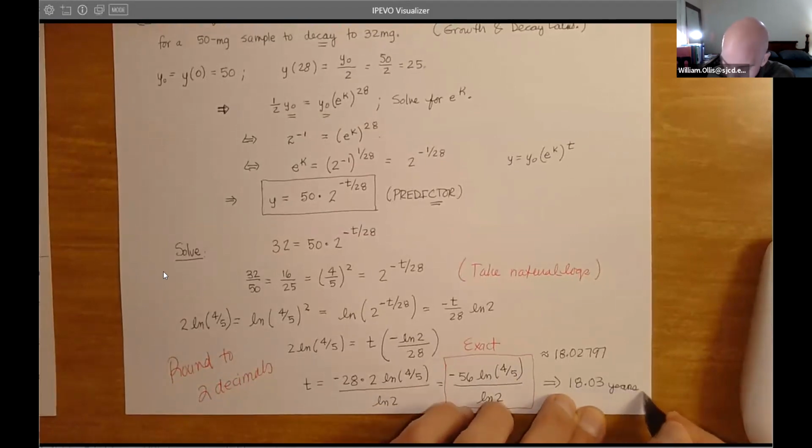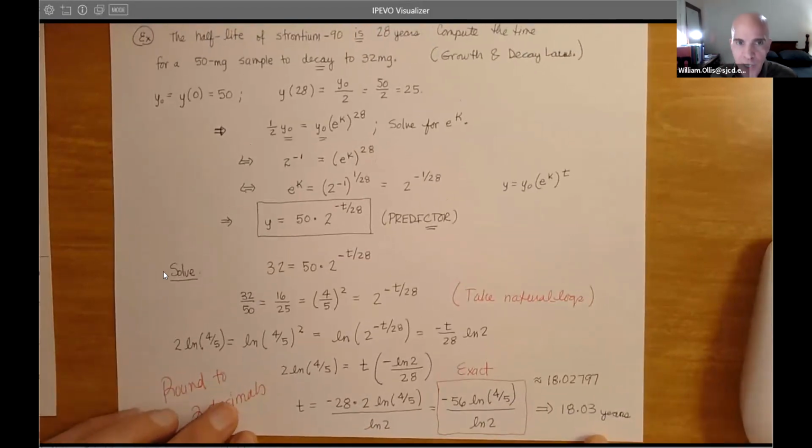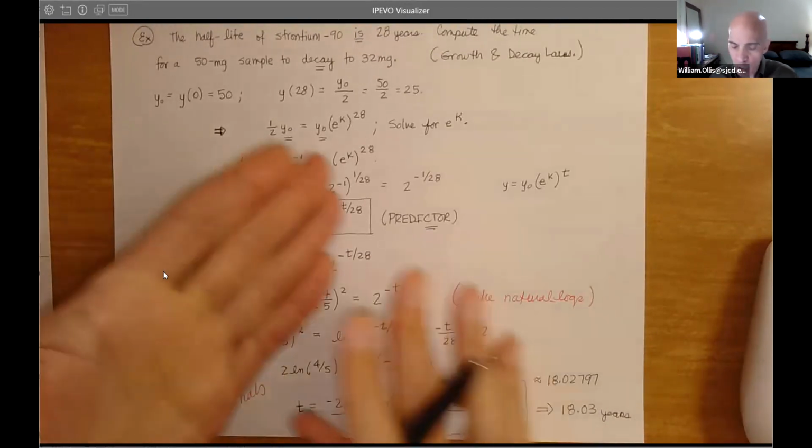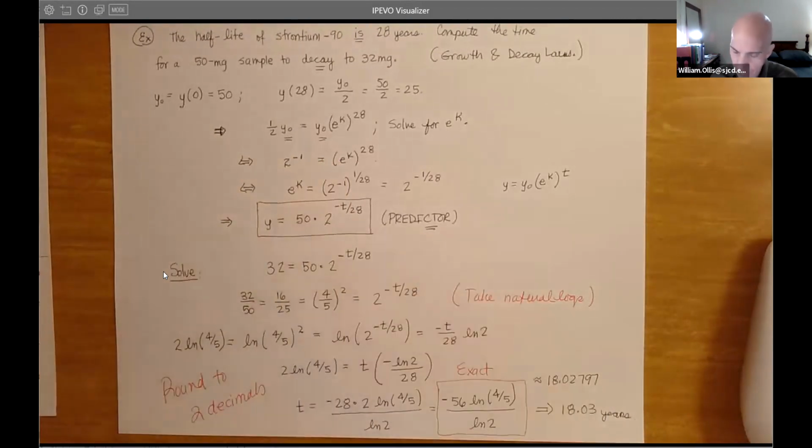So what's important, for instance, if you were giving a lecture, say you're a biologist or a biomedical engineer, then you'd want your work to reflect your ability to do mathematics and say, okay, we've computed our exact time. And then you pull up your Google calculator and say, well, let's give a nice calculus approximation to this.